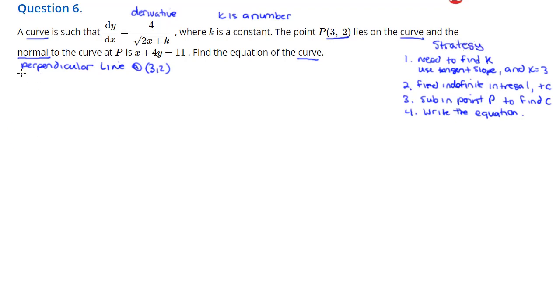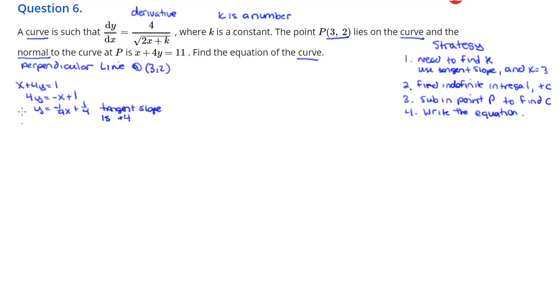Let's go ahead and start off here. We know the perpendicular line is this. If we rewrite it, we can find out the slope of the perpendicular line is going to be -4. And so if we know that the slope of the perpendicular line is -4, then -1/4 is the negative reciprocal, so the slope of the tangent line has got to be +4.